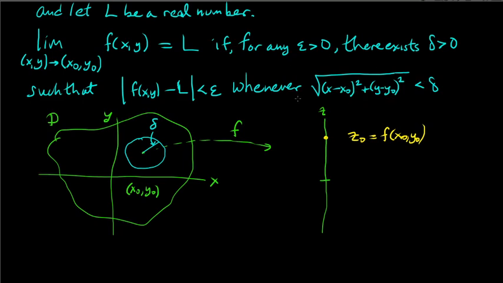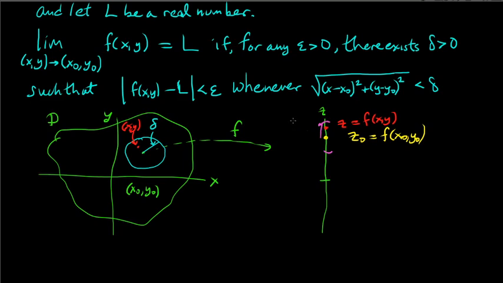So if x and y represent any point within that circle, let's suppose this little red dot has coordinates x and y, as long as that point is within delta, that guarantees that if I take the value of that function, this will be z, which will be f of x, y, then z will be within epsilon of the z0 here.